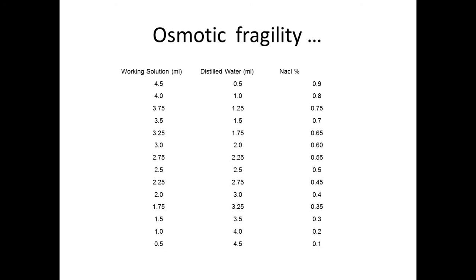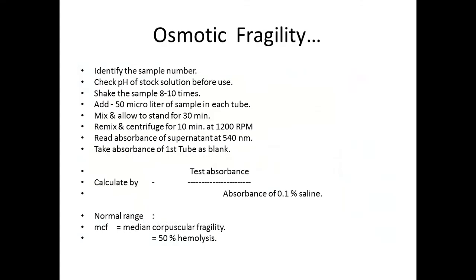As a result, we get sodium chloride concentrations of 0.9, 0.8, 0.75, like that. To these test tubes we add sample. Before taking the sample, we shake it 8 to 10 times, mix it properly, and to these 14 test tubes we add 50 microliters of sample into each tube. We mix it and allow it to stand for 30 minutes.